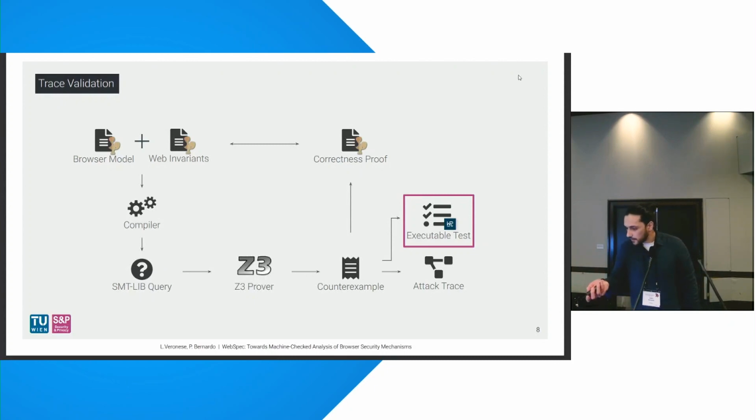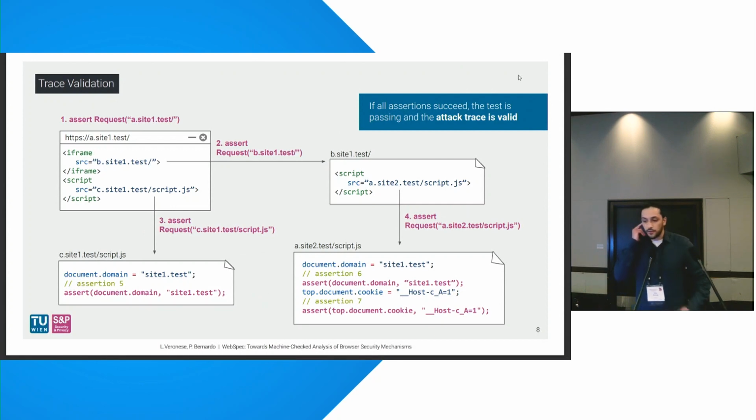The verifier translates each event in the trace to a pair of action and verification. Each action evolves the browser state to match the model state throughout the attack trace, and each verification makes sure that this transition happens as we expect.